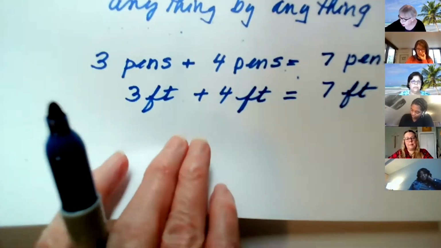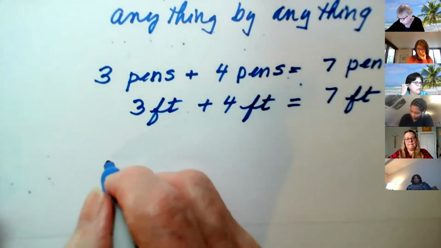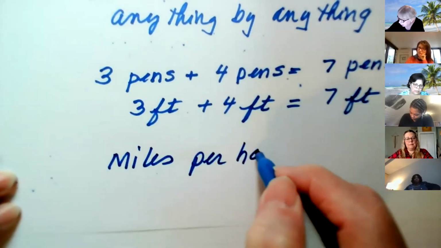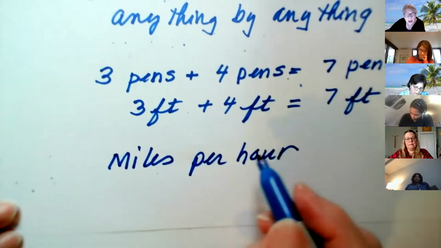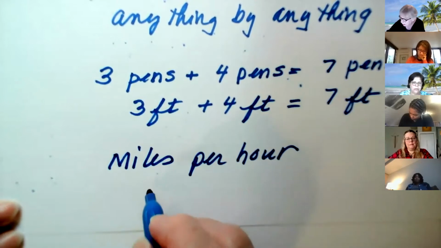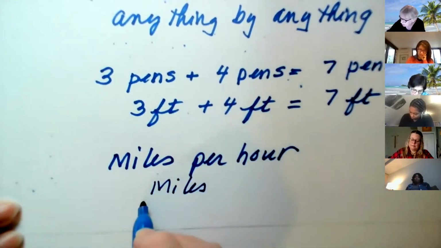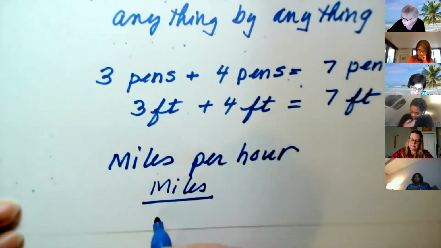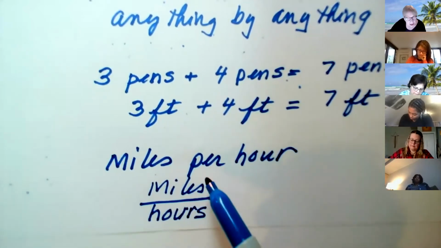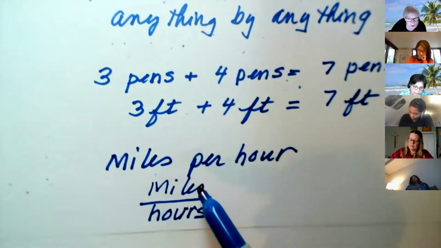But let me think about cars. Miles per hour. The word per between two numbers means divide. So literally, as a fraction, it's miles divided by hours. Now, are these the same thing? Not at all.